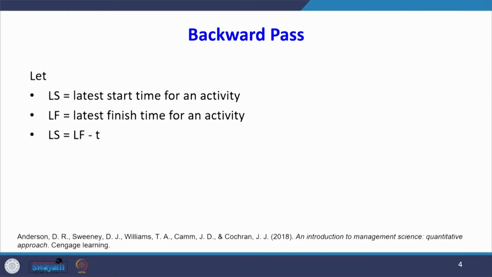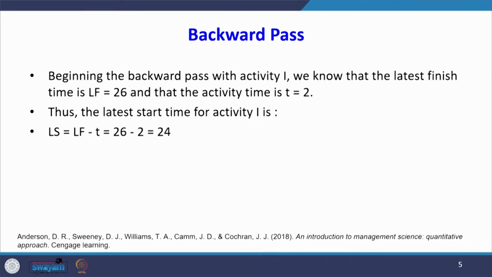Let LS be the latest starting time for an activity, and LF the latest finishing time for an activity. Then the latest starting time is the latest finishing time minus the duration of that activity, T. T is the duration of that activity.